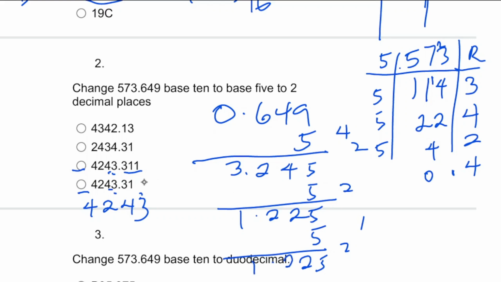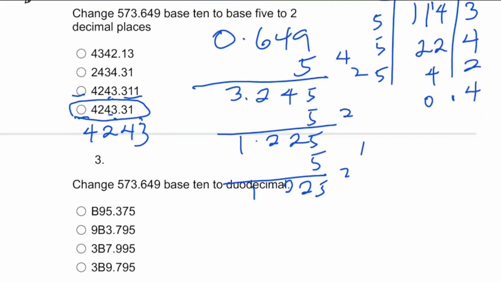So we have 3 1 1, but you want to stop at 2 decimal places. So our answer will be this option. I hope that is very clear. The reason why I had to do the third one is that we can get a number that is higher than 5 so that we approximate. So that is the essence of that. Is that clear? So let's move to the next one.